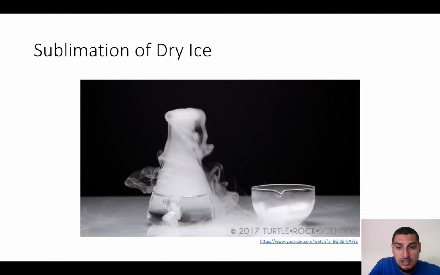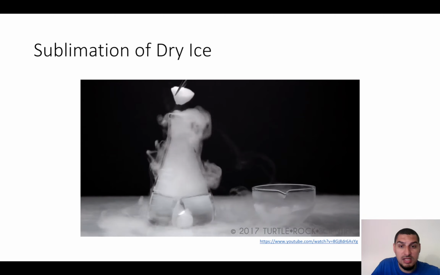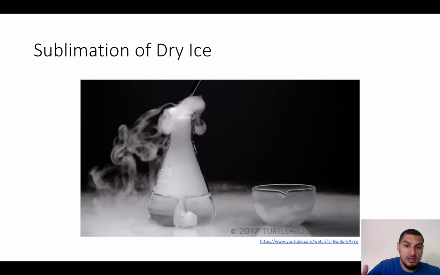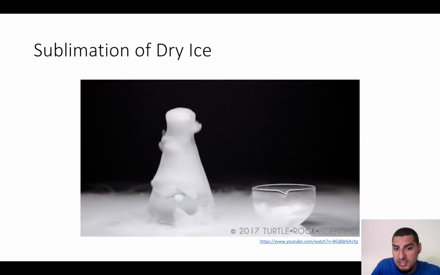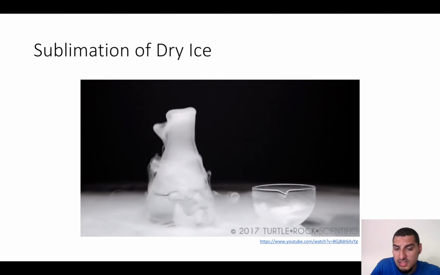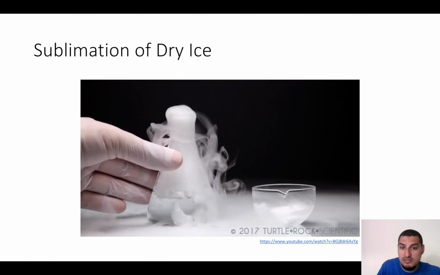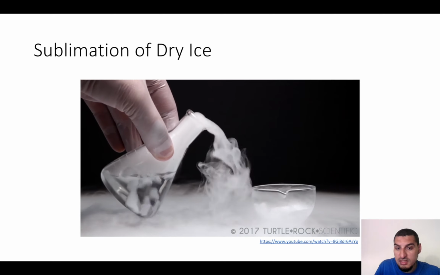Carbon dioxide is turning into vapor. It's not melting, it's in the region below the triple point, so it's now turning from solid directly into vapor. So this is the sublimation. You would see this very clearly here. The solid is bubbling, it's not melting, it's sublimating.